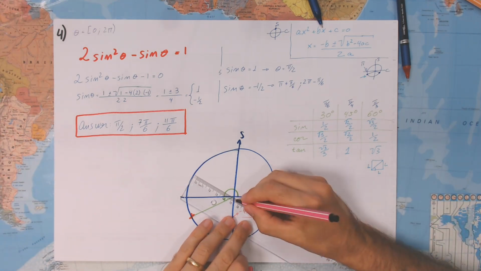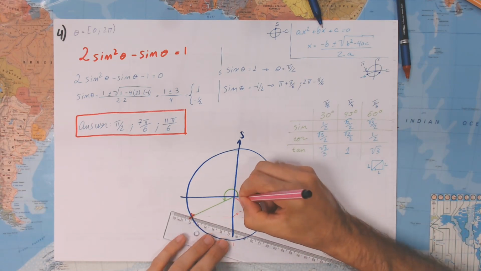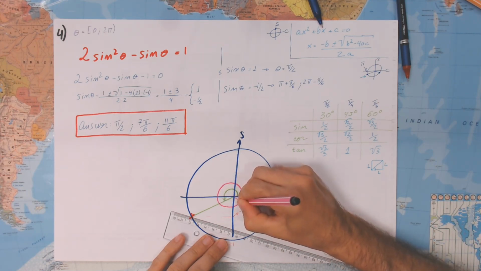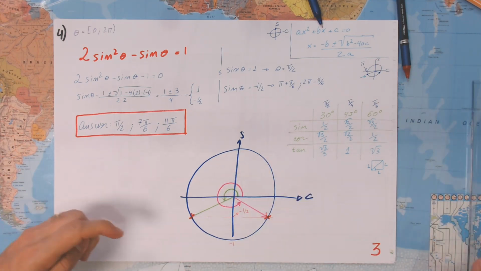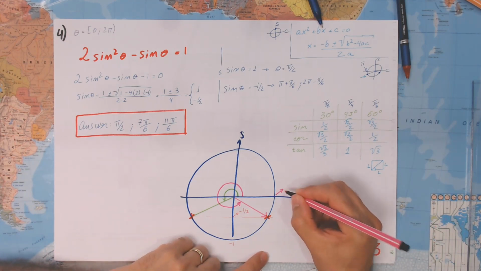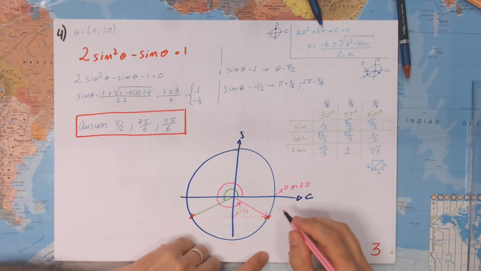This is going to be the other one. And this other one is going to be all the way from 0 up to here. Well, what did I do? This is 0 or 2 pi, okay? 0 or 2 pi. Depends how we see it.